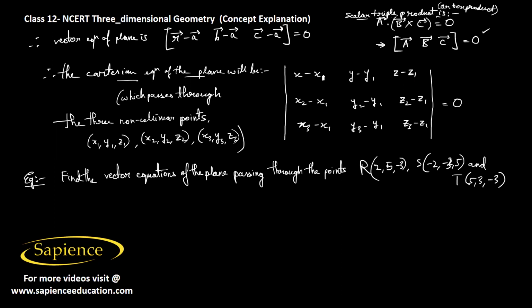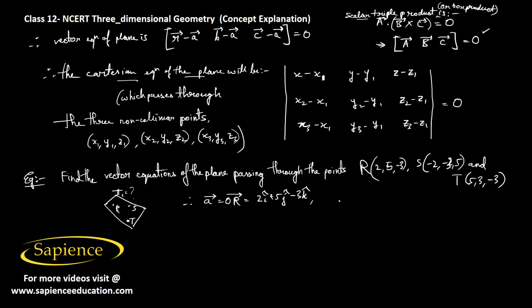So these are the three non-collinear points R, S, and T on the plane, and we need to find the equation of this plane. Here we can write that the position vector of the point R is A vector, that is 2i cap plus 5j cap minus 3k cap.